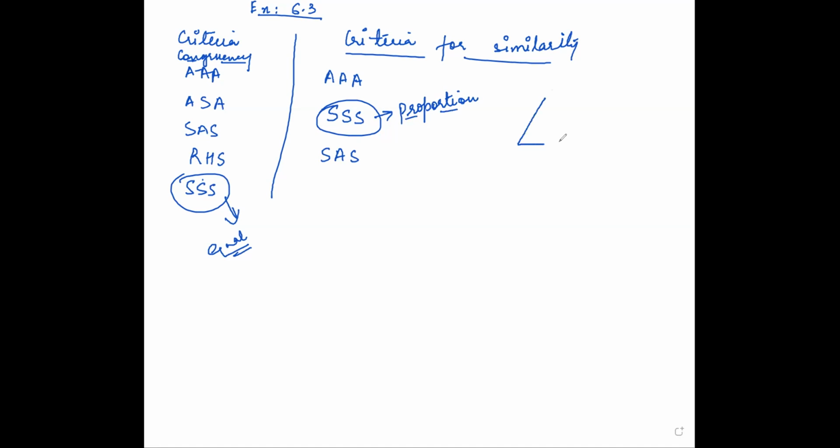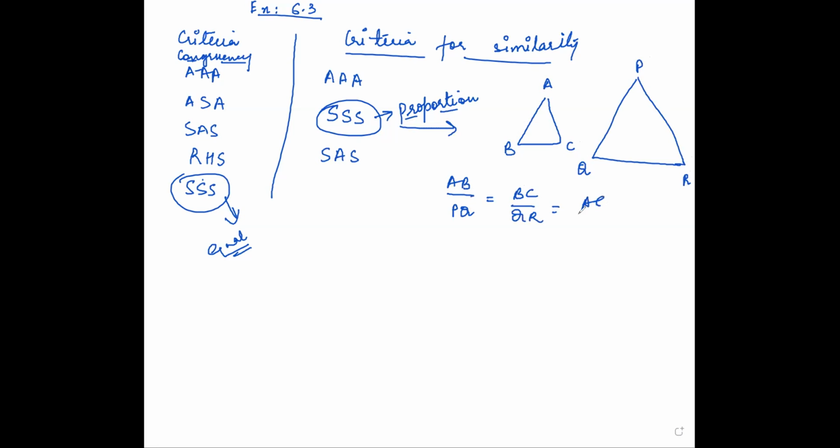For example, you have one triangle ABC and another triangle PQR, because similar triangles can have different sizes. If the SSS criterion is satisfied here, it means AB upon PQ is equal to BC upon QR is equal to AC upon PR. If I'm getting all three ratios equal, then by SSS criterion, these two triangles are similar.